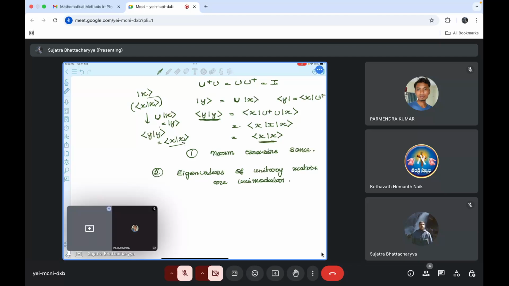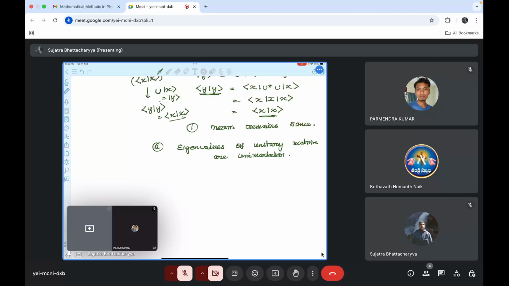But what do you mean by unimodular? We will see. First, you operate this u on some vector x and you get, suppose, some lambda times x. This is the simple eigenvector eigenvalue relationship.